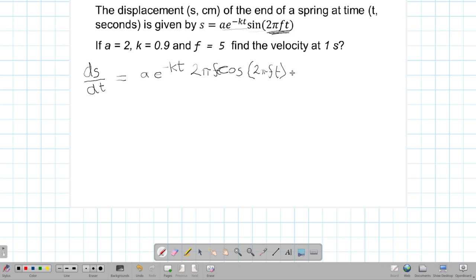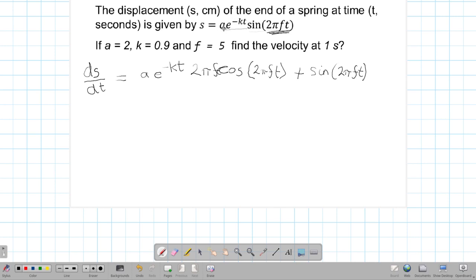Then we've got plus, okay, plus, and then we've got our v as it comes, so that's sine 2 pi f t, so nothing changes inside either, of course, times the derivative of our first term here.